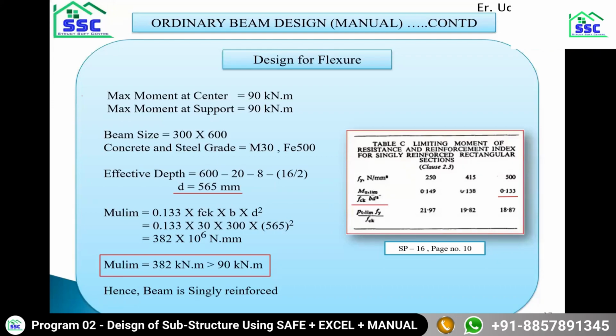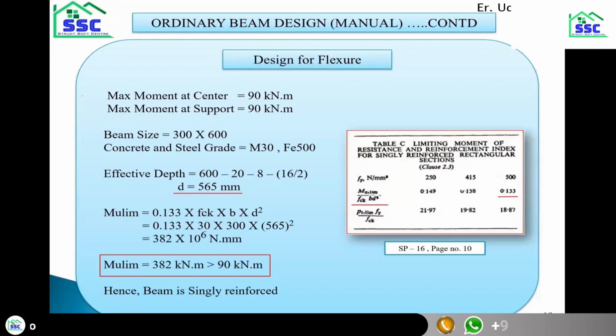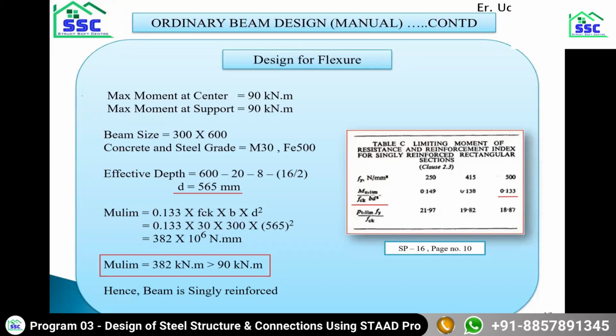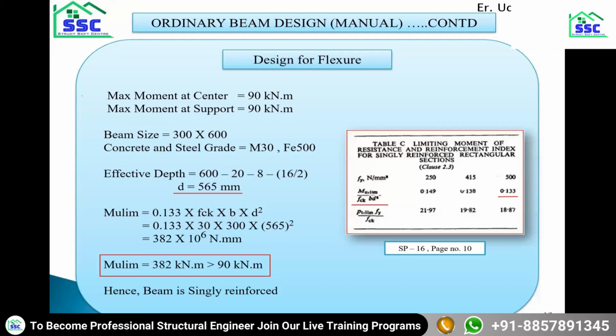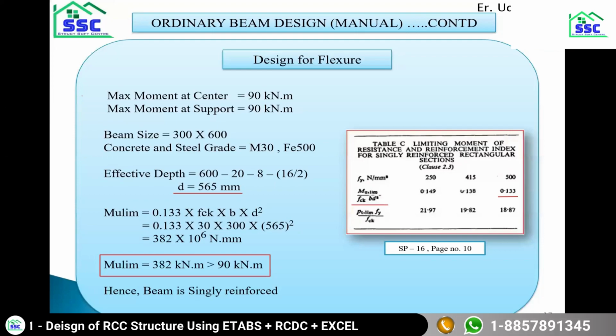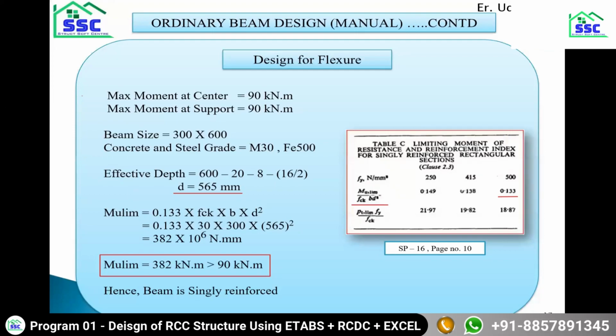The next part in the manual design of the beam is to determine whether our beam is a singly reinforced beam or a doubly reinforced beam. As all of you know, we will find it out using Mu limiting. On the right hand side, you can see the snapshot of SP16, page number 10, which gives you the factor of Mu limiting divided by fck bd square.